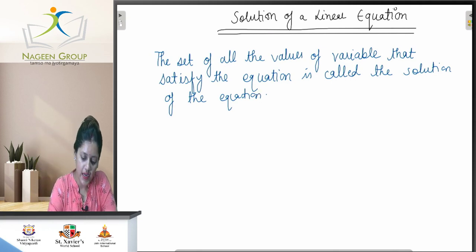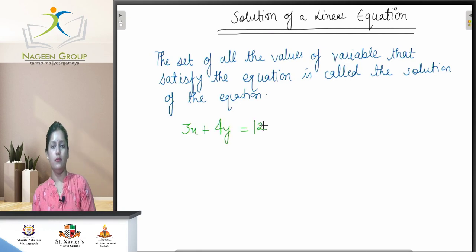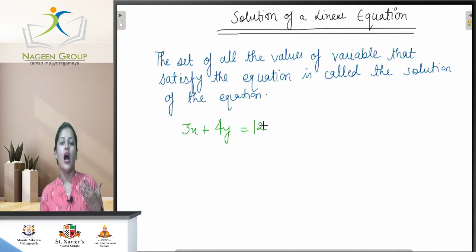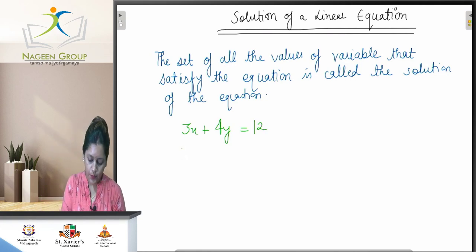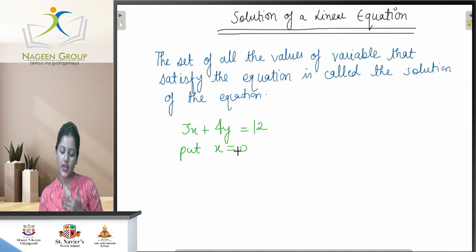First, let us take an example: 3x plus 4y equals 12. How do we find a point, that is, a solution? For finding a solution, let's first put x equals 0.